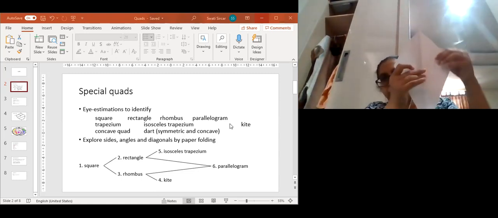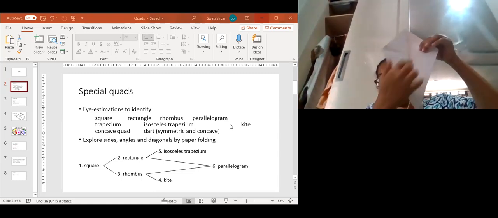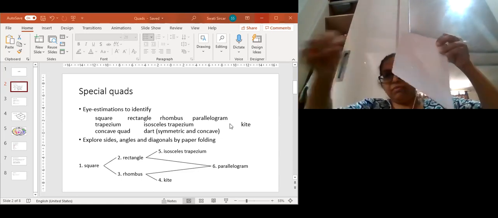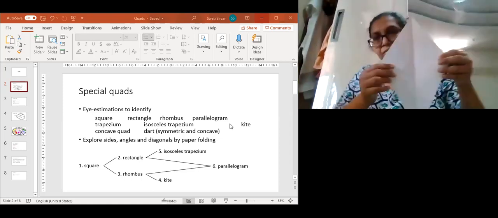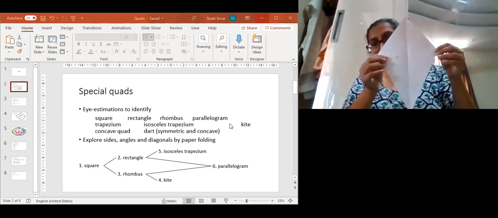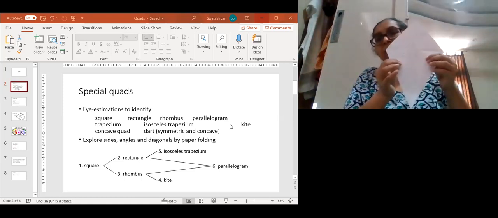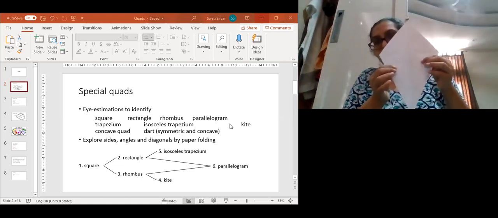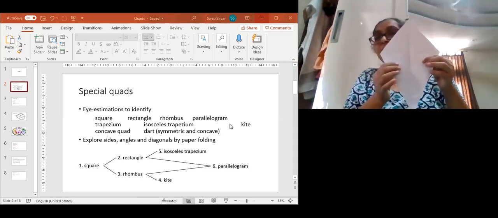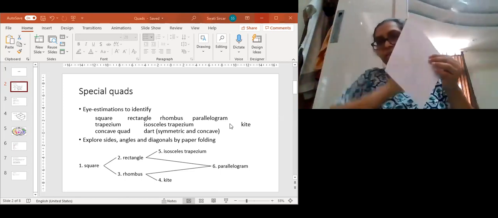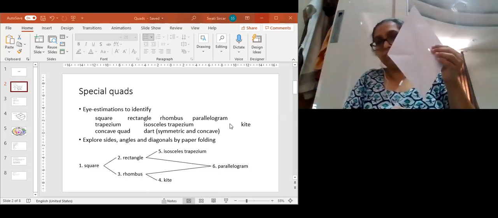Now then, what do you call this fold in terms of symmetry? Line of symmetry. Exactly. So what kind of symmetry does a kite have? Line symmetry. Exactly. Not rotational. If I rotate it, it's not the same.